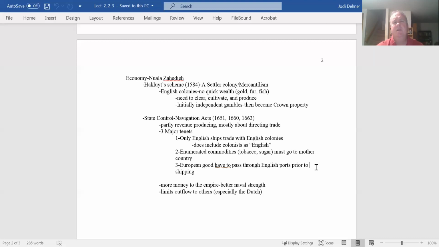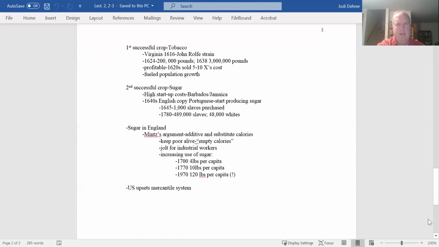It also serves to limit outflow of these valuable commodities to your competitors, especially the Dutch. So it's undercutting the Dutch ability to carry stuff and make profits on it, to serve as merchants, capturing the wealth for themselves, and they don't like it. So there's a series of Anglo-Dutch wars that are fueled by this attempt by the English to control their colonial system, right? And so we can talk a little bit about some of these successful products.